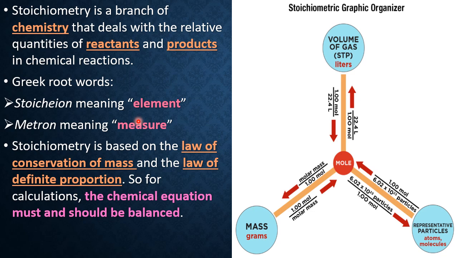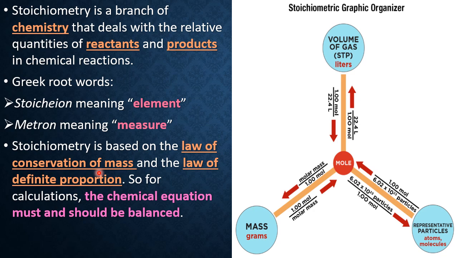Law of definite proportion. Because in every compound, the proportion of elements is fixed. So first mass is fixed, proportion is fixed. So these two laws are very important for stoichiometry, and this is the heart of chemistry. Like how mole is an important concept, stoichiometry is also one of the important concepts in chemistry.